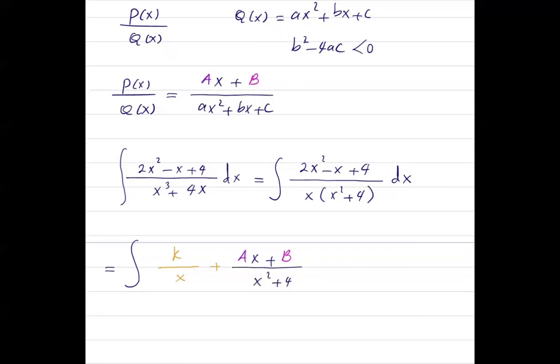Let me change the color for this to avoid any confusion later on when you're multiplying these, and then take the integral with respect to x.